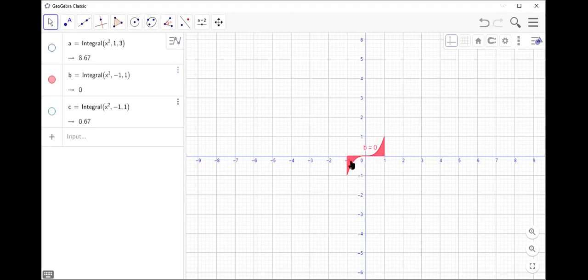But here you see the area bounded by the curve y equal to x cube from -1 to 1. So we are getting these two portions, right?